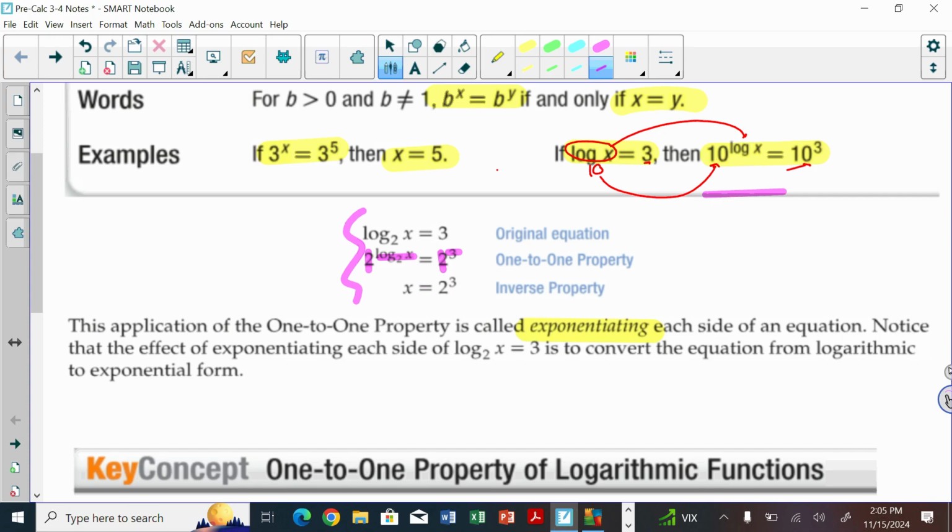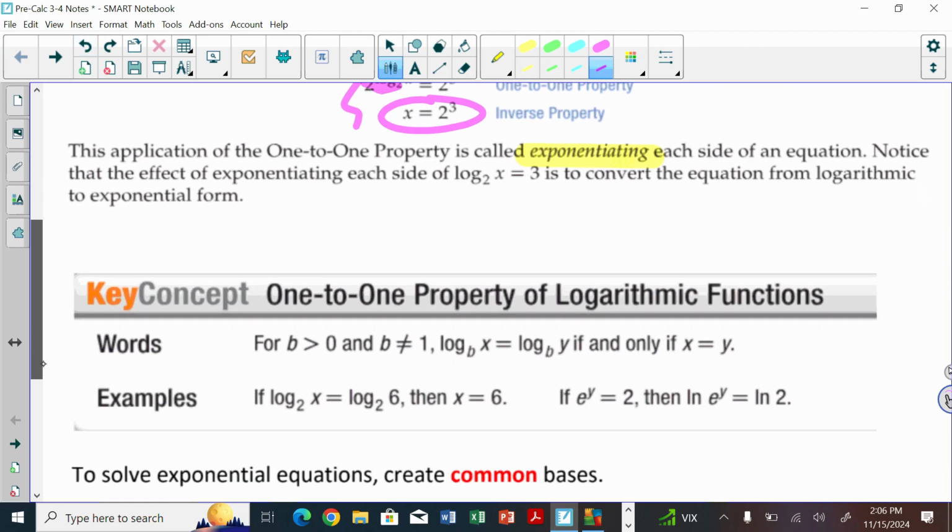And one way to think of it, remember, is that this is an inverse property of itself right here, 2 to the log base 2. So that would kind of inverse back to 1. So now you're left with this. Okay, so that's kind of the example we'll give you, and then we'll work through a few others.